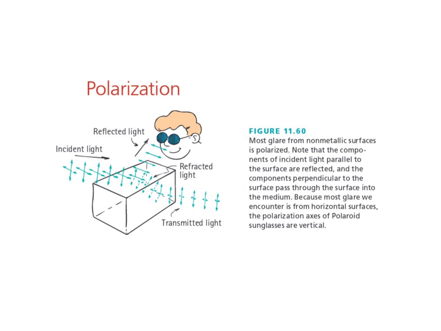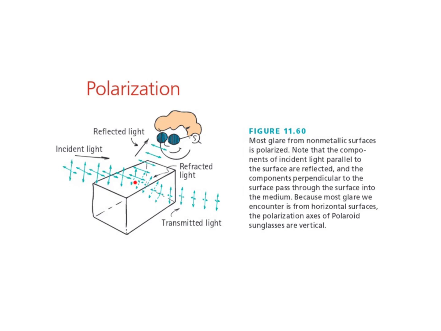Now, one of the things that's interesting is that most glare from non-metallic surfaces is polarized. You can see this is a block of material that is not a metal, but maybe it's transparent. You have incident light, and you can see both up and down and left-right vectors. So this is unpolarized.